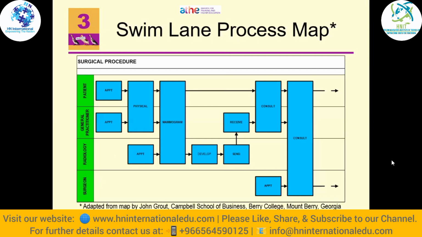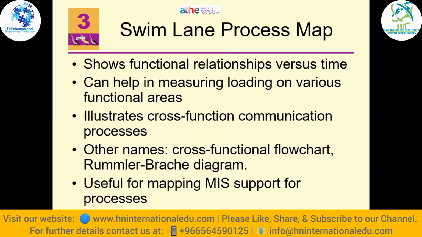Then we have a swim lane process map. What is a swim lane process? It is a functional relationship versus time. How much time do you need to complete your order, to complete your process? Because every situation is different, in every situation you need a different span of time.